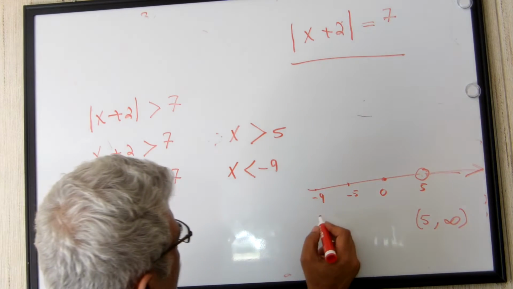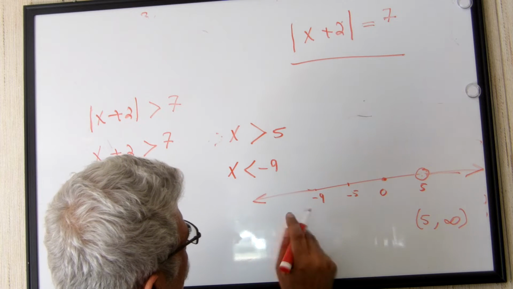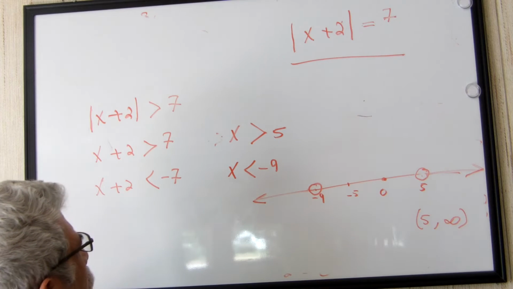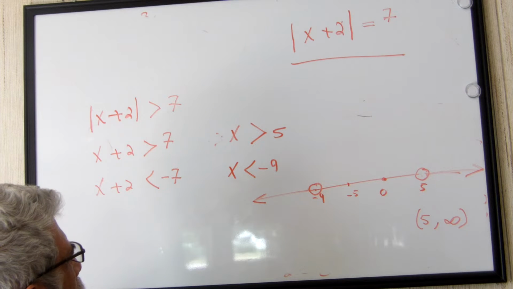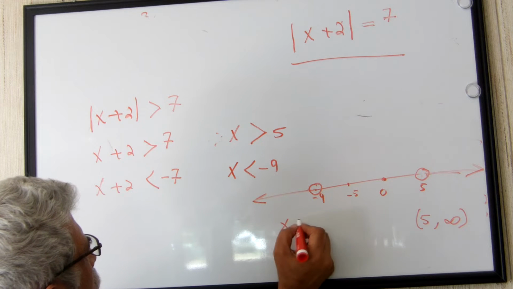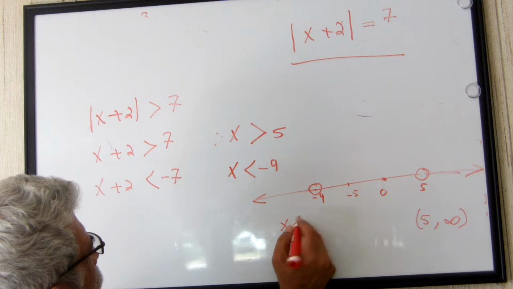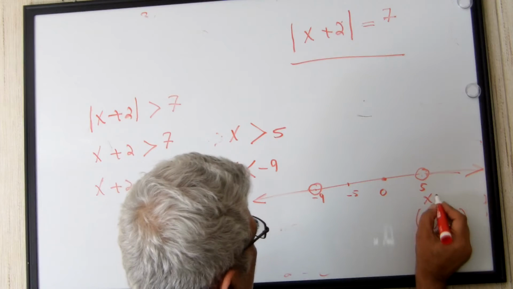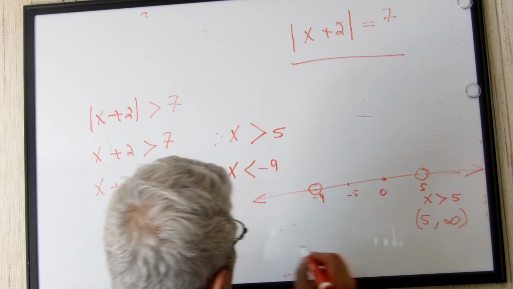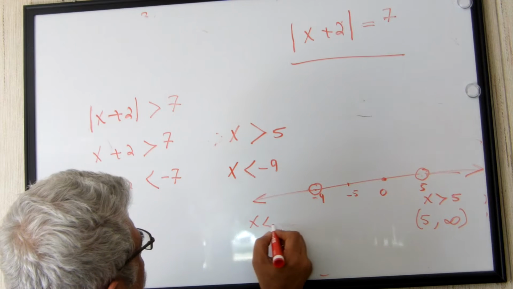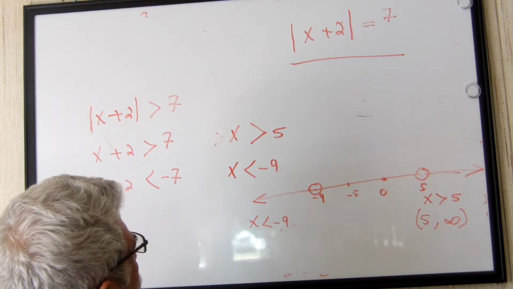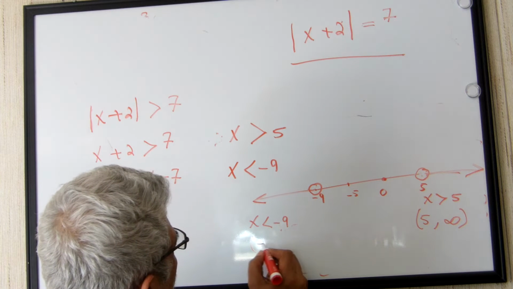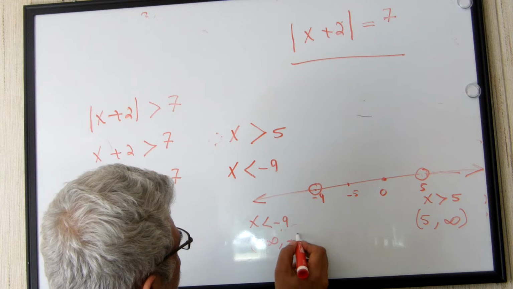And this one is less than minus 9, which is here, the opposite side. Because it's less than, it will be an open circle, not a closed circle. We write x greater than 5, and x less than minus 9, and that is going to be minus infinity up to minus 9.